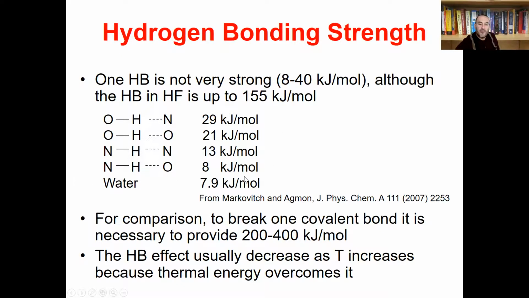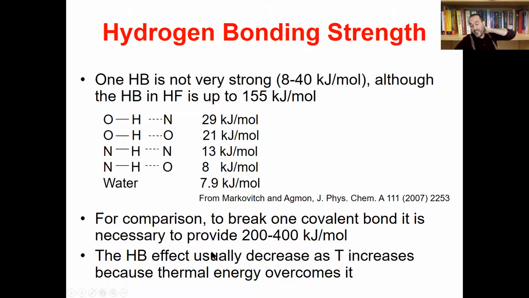You can see that in water, it's not that strong compared to, for instance, where the hydrogen bonding is with a nitrogen atom. These are taken from this reference. And then covalent bonds are in the range of 200 to 400 kilojoule per mole.